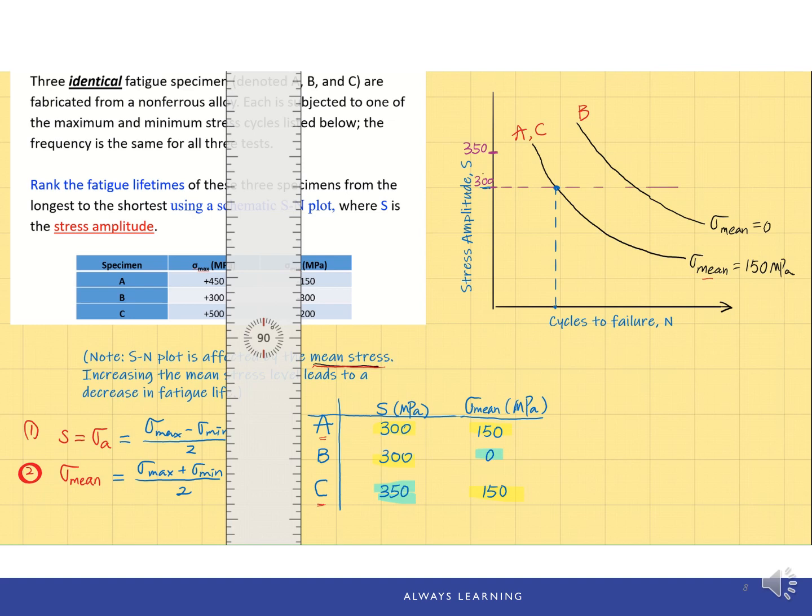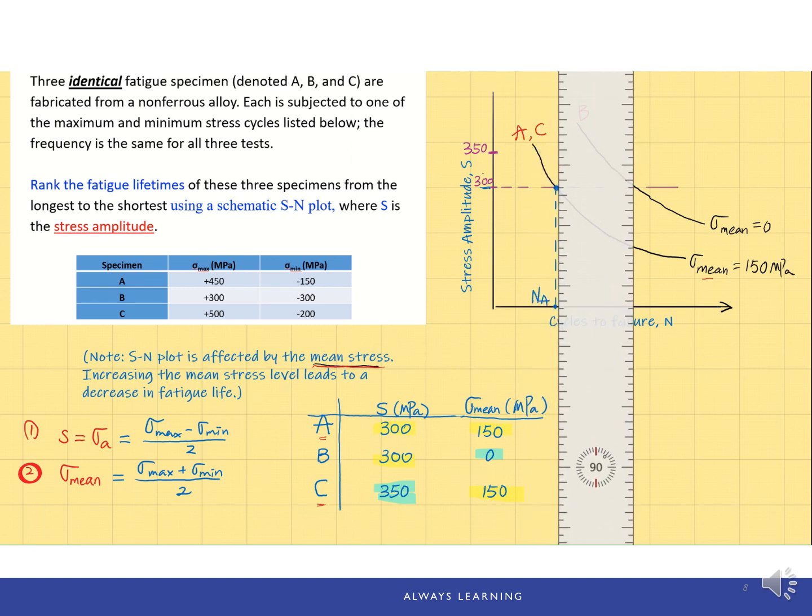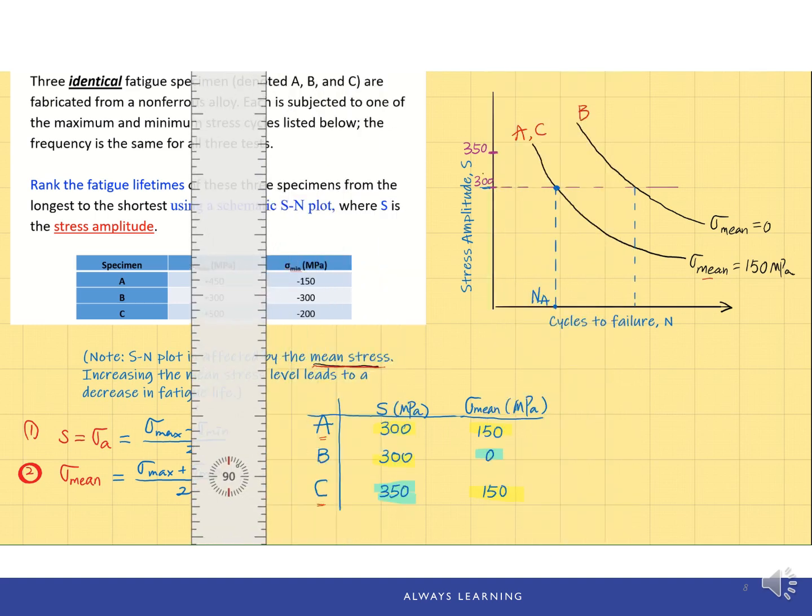This corresponding N value is the fatigue life of the A specimen. At the same time, we can read B over here with a stress amplitude of 300 megapascal and a mean stress value of 0.